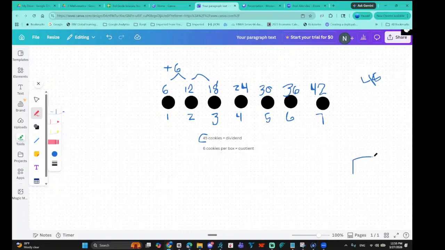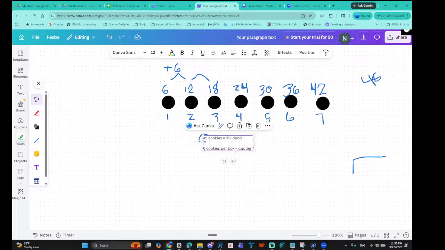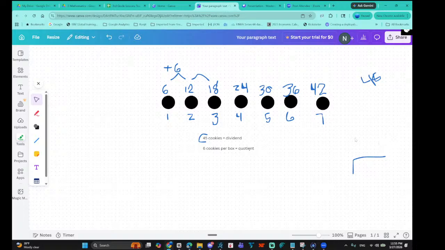So let's write it out. Actually, wait. So I think the cookies per box. Okay. So we'll have 7 equal groups over here.